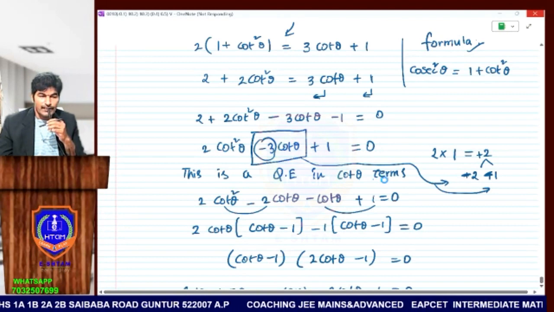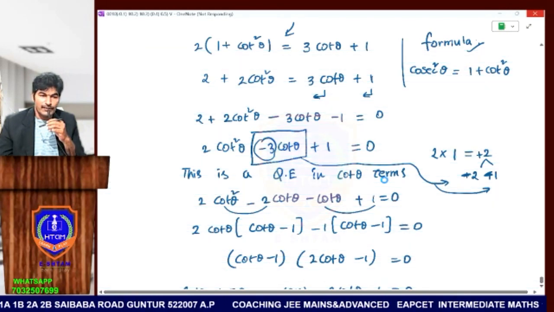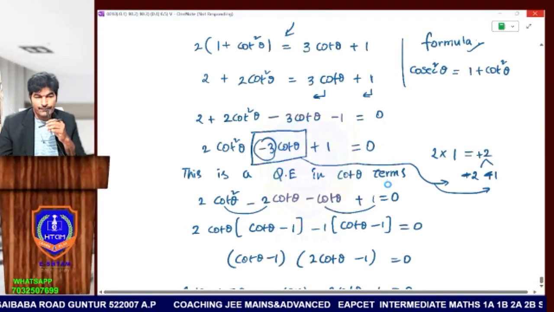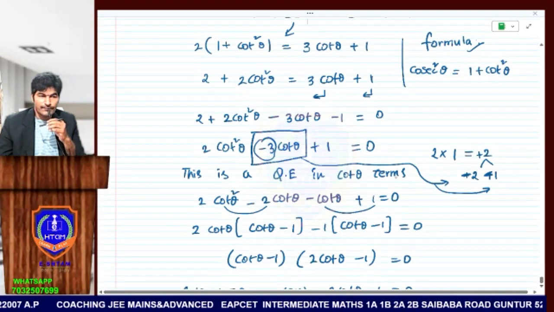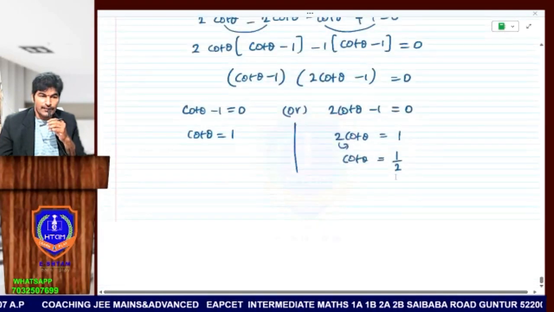And the second value, cot theta equal to 1 by 2. 1 by 2 means how much? 0.5. And you have to find the approximate theta value for cot theta equal to 0.5, which exists in 0 to 2 pi. Actually, cot theta is positive in both the first quadrant and the third quadrant.